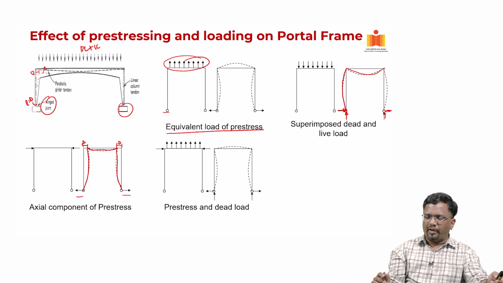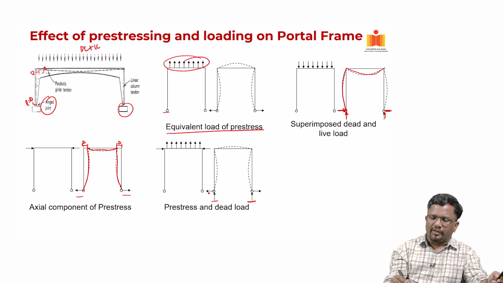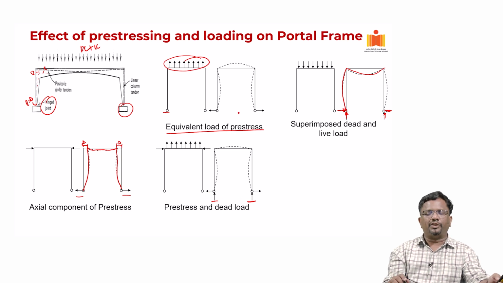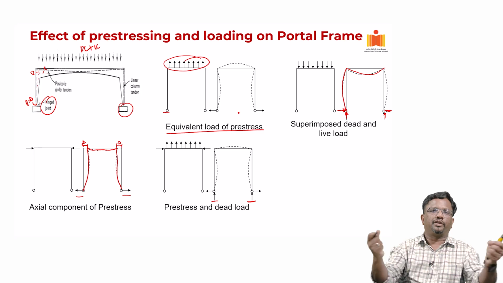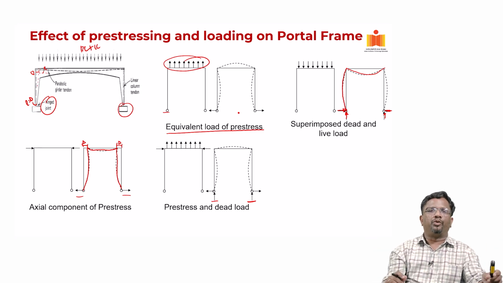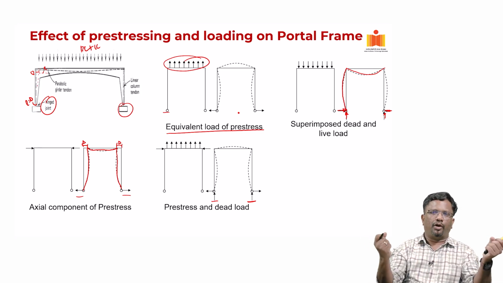Now, when you combine the pre-stress and dead load, you will find that because of the pre-stress and dead load effect, you will still have some vertical reaction that will develop, but the reaction will be the same way as you have it for pre-stress. So, the reaction will still be preventing the support from moving inside; you will have outward reactions only.